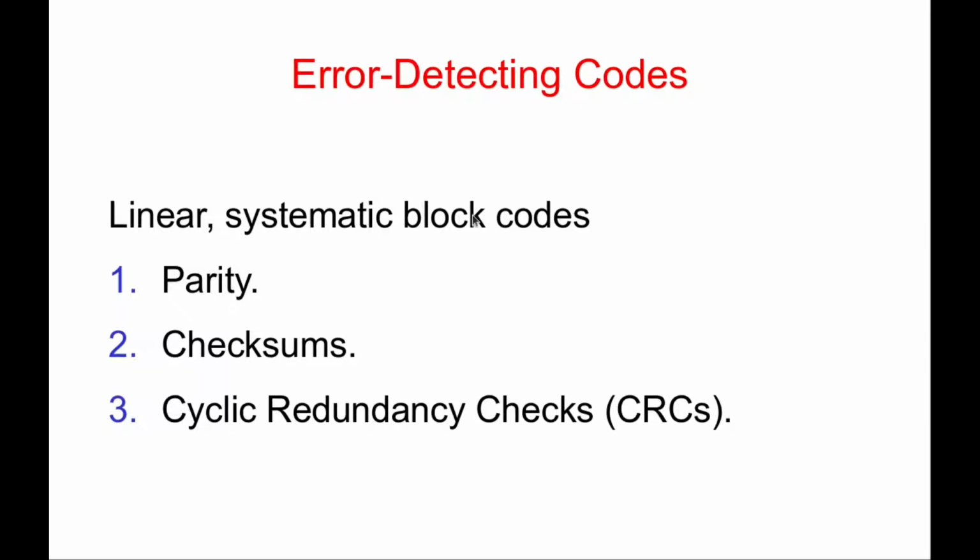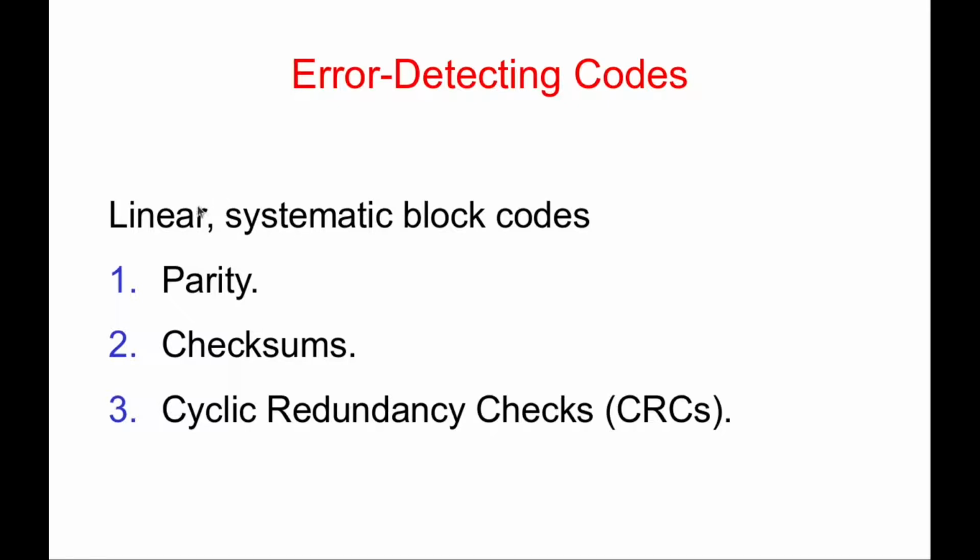The check bits will be calculated as a function of the block data bits. In the case of systematic codes, these are the codes which will transmit the M data bits along with the parity or the check bits. So a systematic code will have the input data in addition to the redundancy.